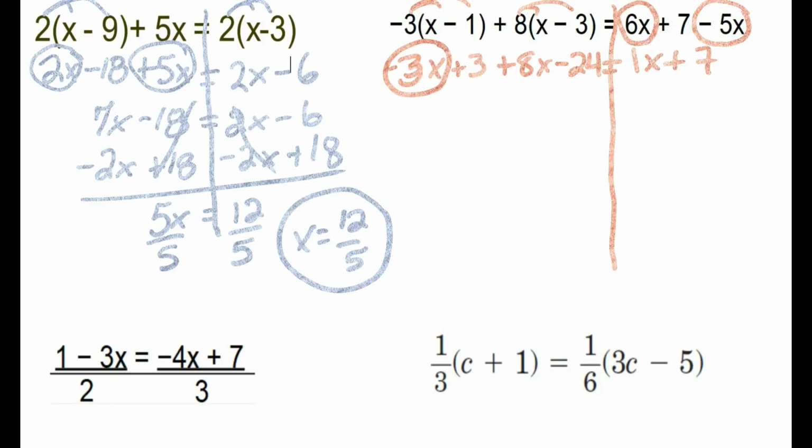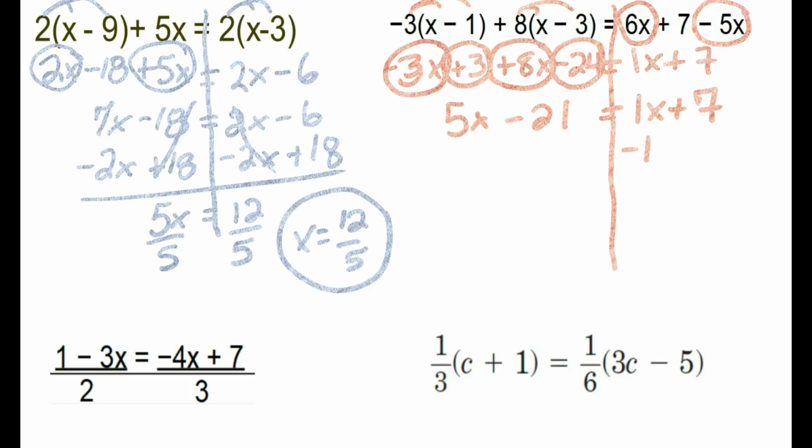Combine, that's a fancy 3. Okay, and then we get 8x and negative 3x is 5x. And a positive 3 and a negative 24 is a negative 21, is equal to 1x plus 7.